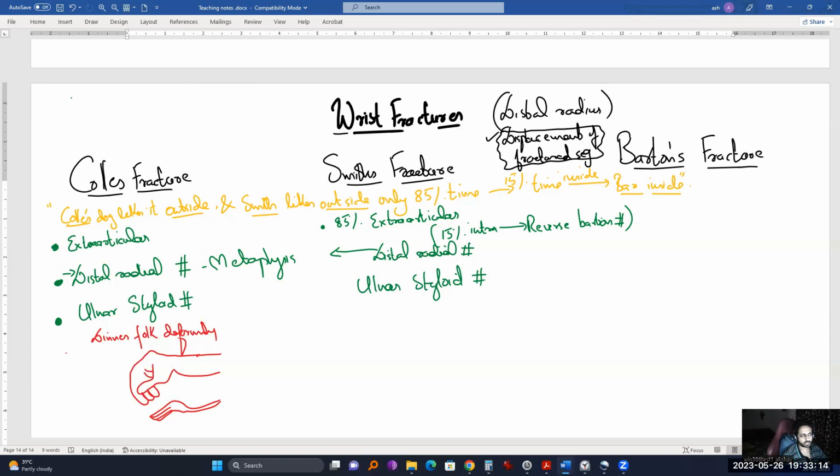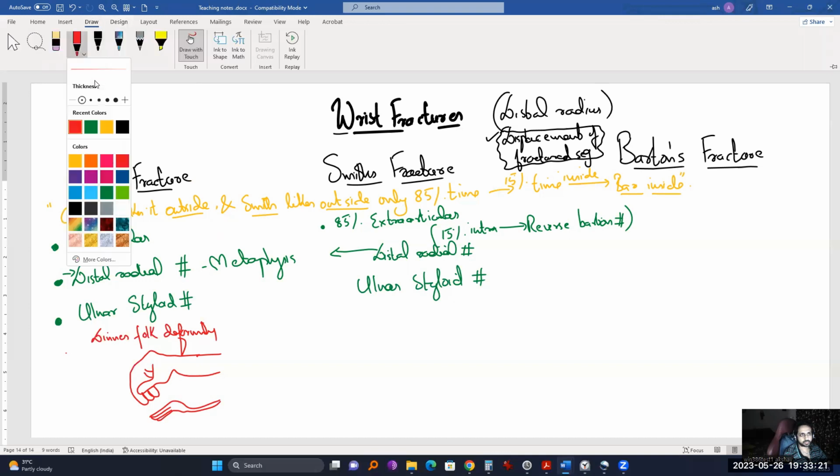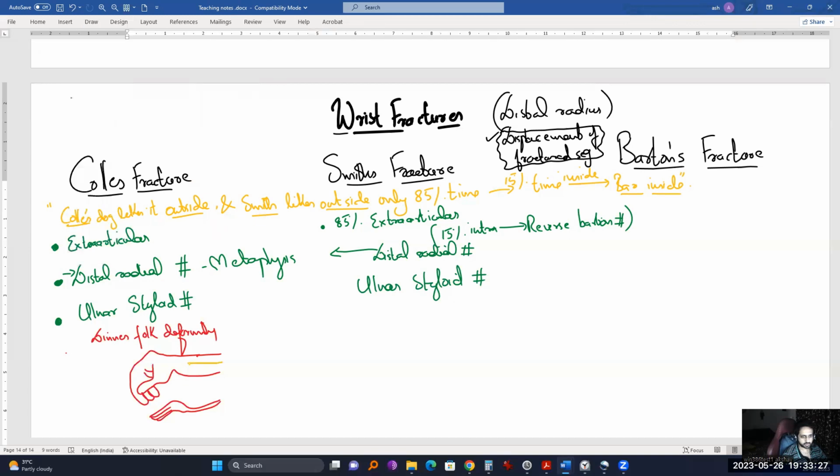You can see a similarity between both. So the radius will be here, and here the fractured segment. This is the fractured segment.